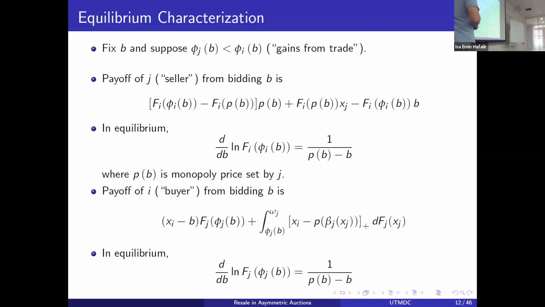Then this is basically the same part that I had in the previous slide. Now I'm also including the payment to the auctioneer, right? So with probability F_I of phi I of B, I am going to win, and then in that case, I'm paying B to the auctioneer. So then all you need to do is take the derivative of this expression with respect to B and equate it to 0.